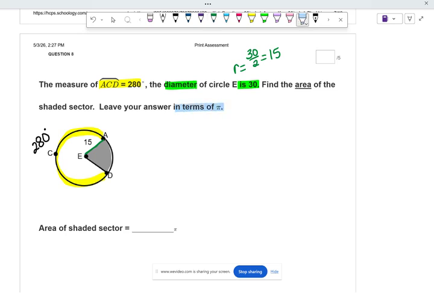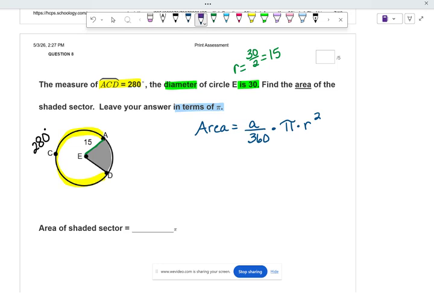All right, so let's write down the area formula and get to work. The area of a sector is equal to the measure of the central angle A divided by 360 times pi r squared. All right, but we don't know the measure of the central angle. We don't know the measure of the arc that goes with it.